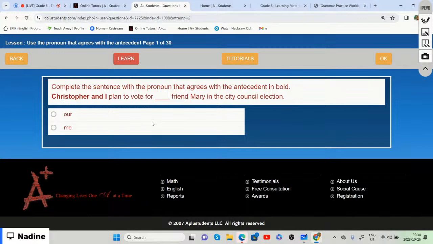Is it option one, our, or option two, me? What do you think is the correct answer? The pronoun that agrees with, or refers to, Christopher and I. Is it option one, which is our, or option two, which is me?